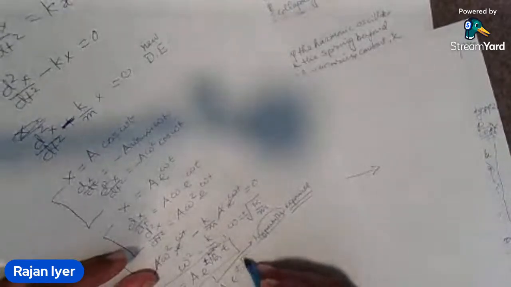So f equal to k times a e power plus or minus square root of k over m times t.